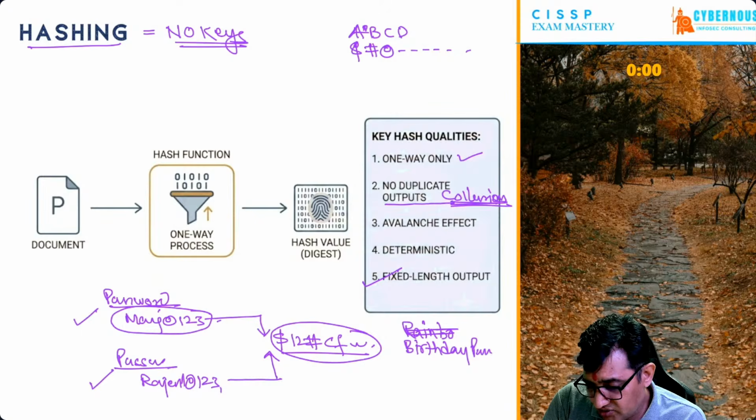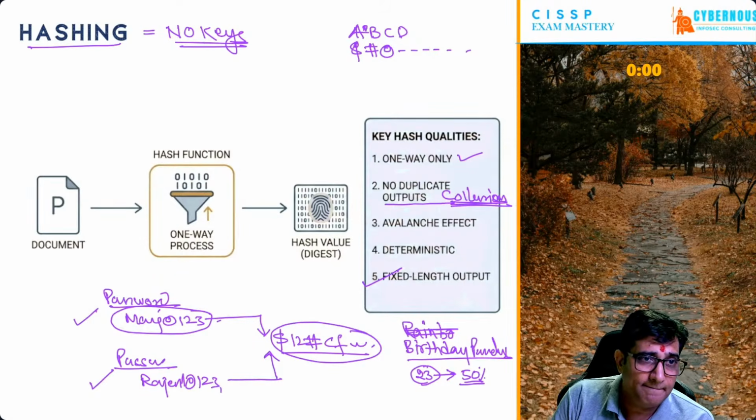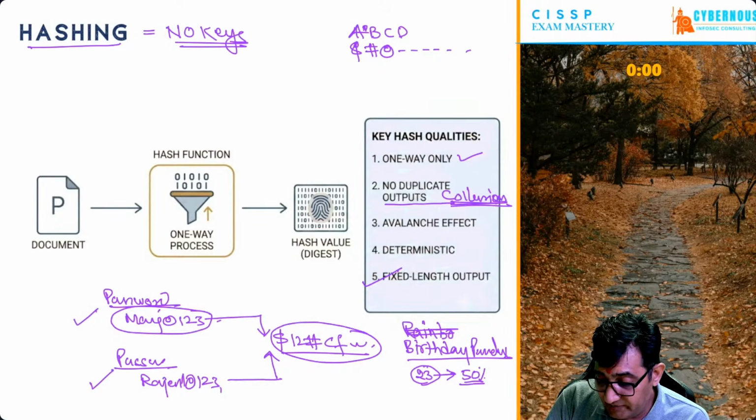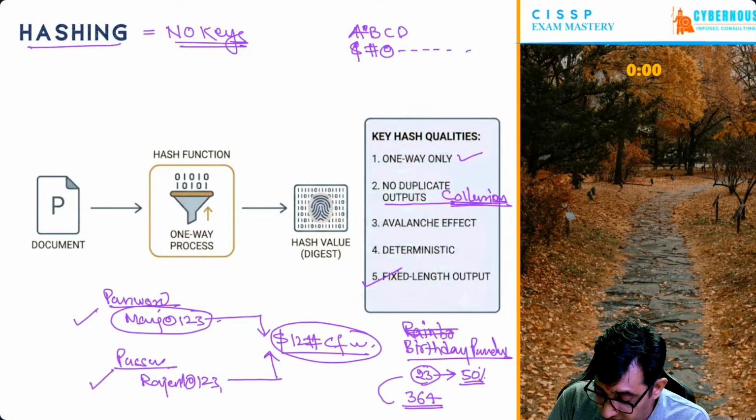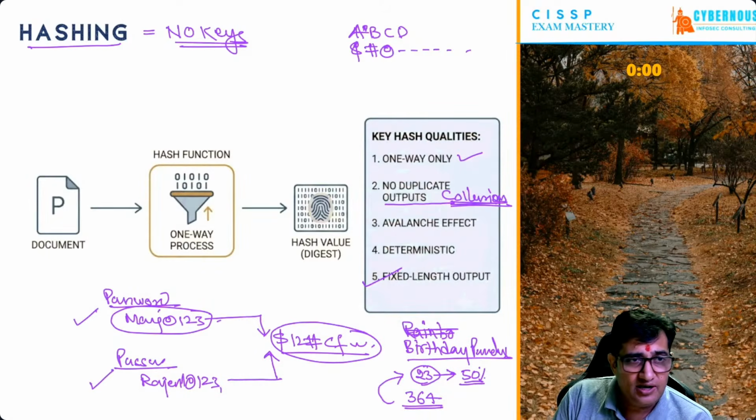Birthday paradox says that if in a class there are 23 students, there is a 50% chance that two people will have the same birthday. Otherwise, mathematically, you would have to try 364 times to find another birthday. But here, by using only a small set of 23, you can get it.